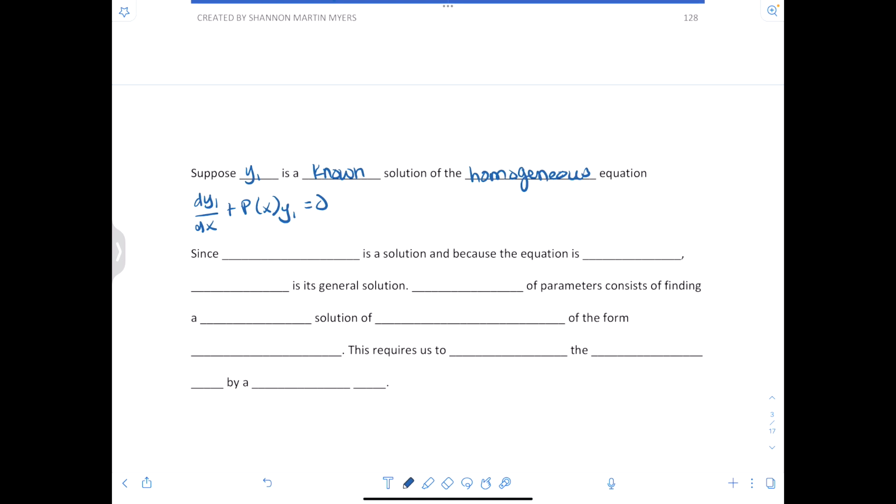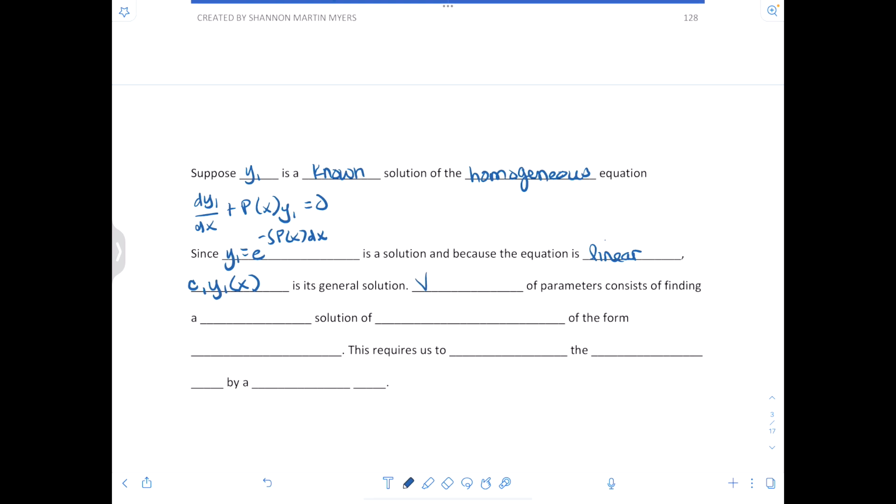Now, since y1 equal to e to the negative integral p(x) dx is a solution, and because the equation is linear, c1 times y1(x) is its general solution.